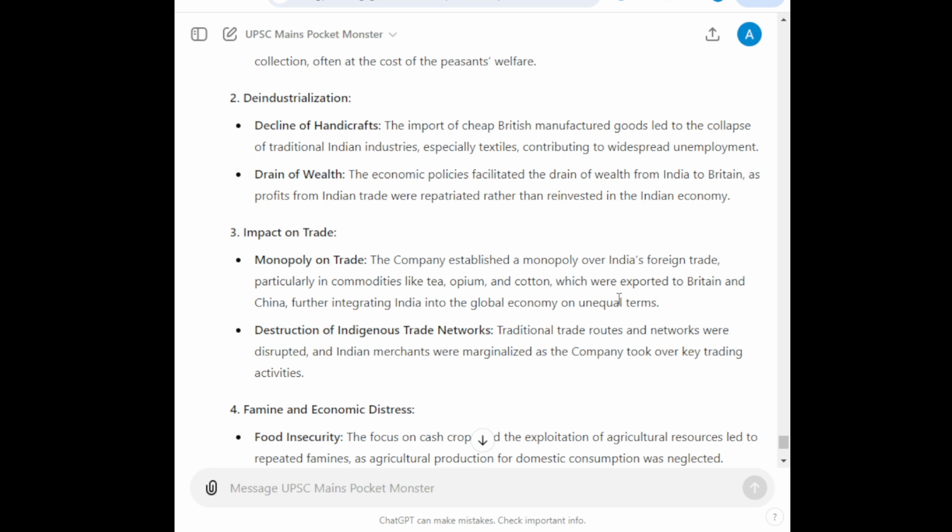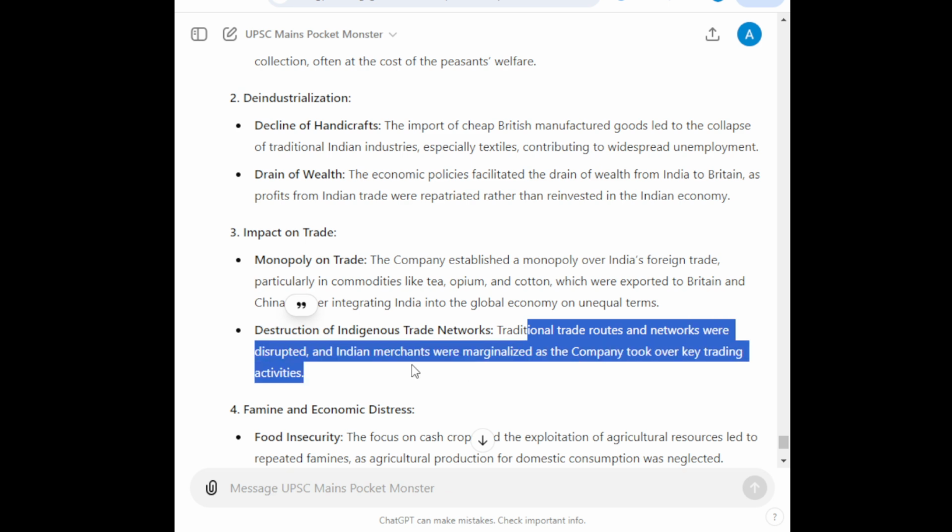Right? There's no real value being paid for the material that is being exported from India. All right, and destruction of indigenous trade networks: traditional trade routes and networks were disrupted, and Indian merchants were marginalized as the company took over key trading activities.